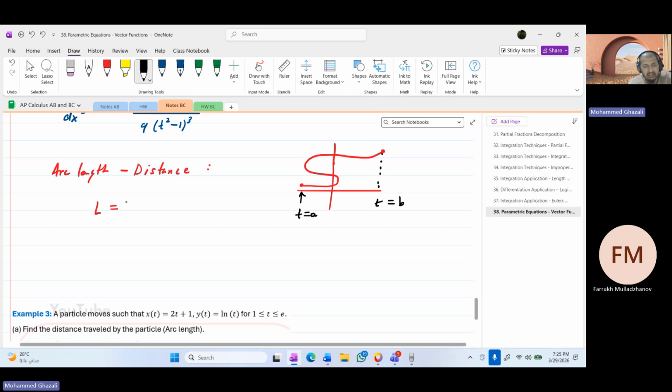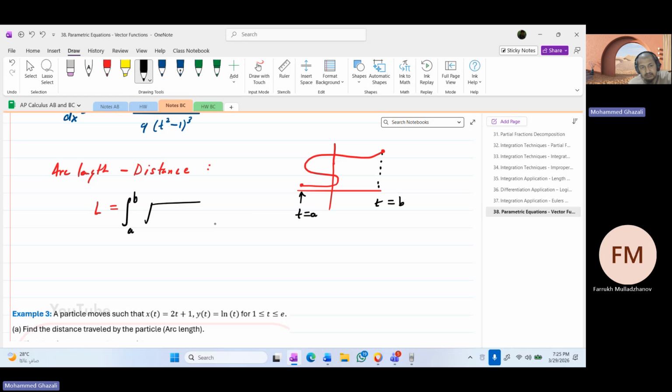So the arc length is the integral from a to b of, remember the function is x of t and y of t, parametric functions. So you're going to say x prime, so dx/dt squared, the derivative squared, plus dy/dt squared, dt. Are we good? This is the arc length.